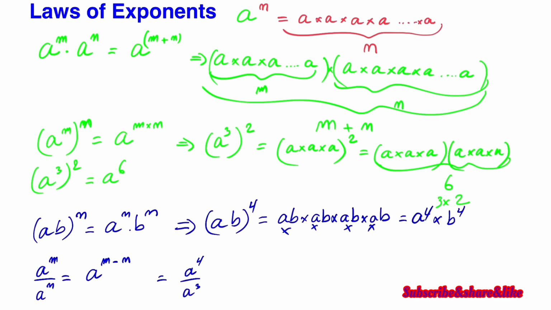It's a 4 times over a 3 times, and you can cancel those, and it will be just a. And 4 minus 3 is 1, because a is a to the power 1.